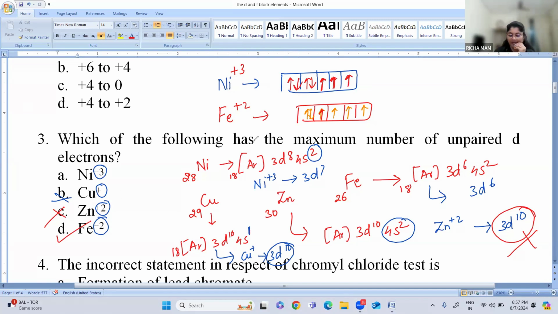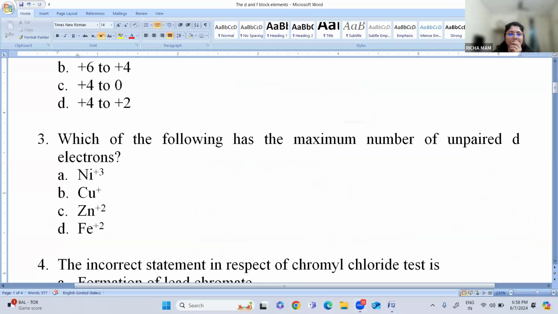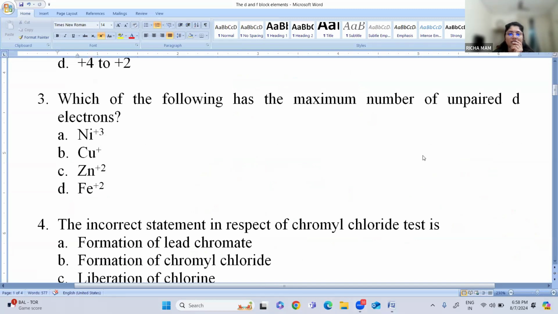The third question, is it clear? Okay, fine. Let us go for the next one. Remember, like this only, different elements will be given from the D block, and they may ask you to find the maximum number of unpaired D electrons.